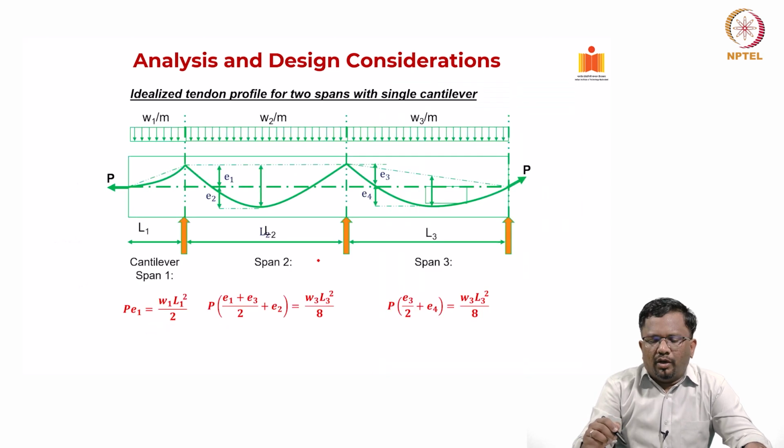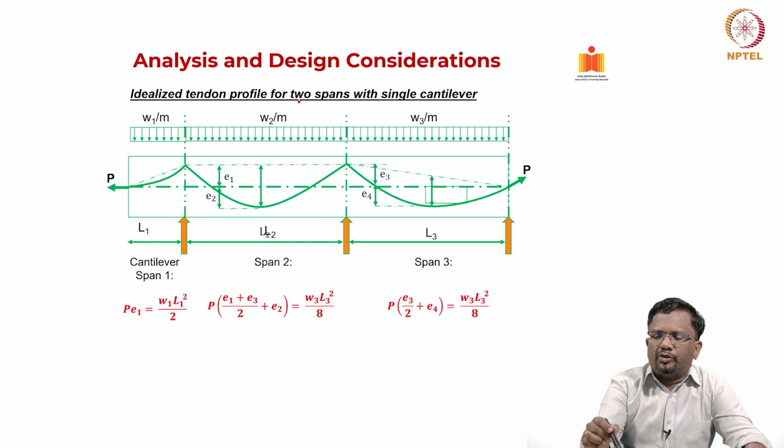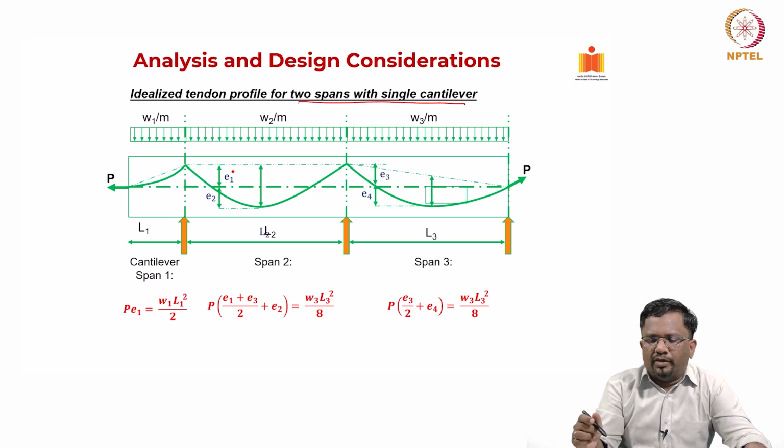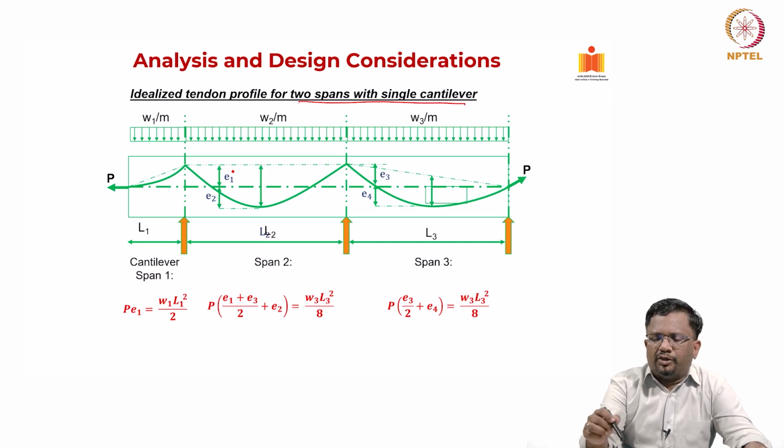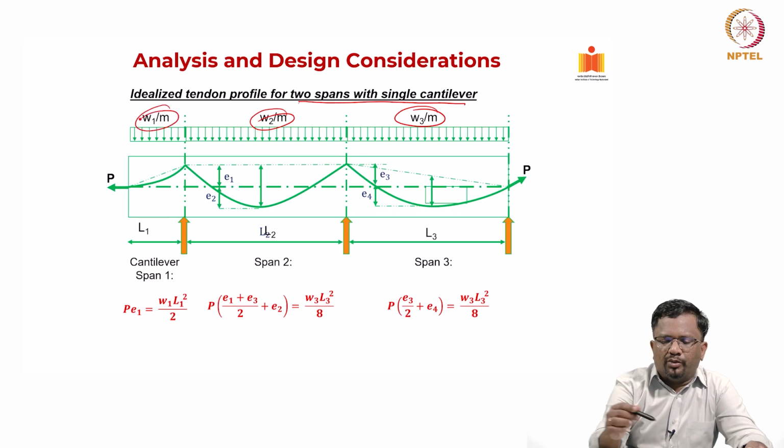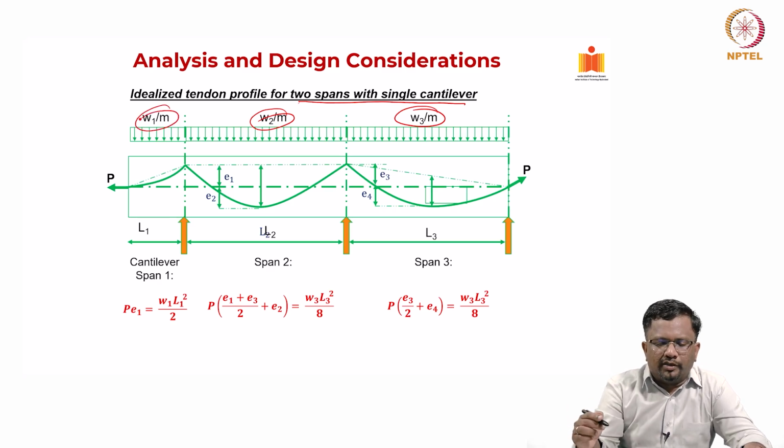Now, typically when you do this, for example, you see here, this is two spans with a single cantilever, and depending upon the loading that you need to balance, for example W2, W3, W1 is the load required for balancing.